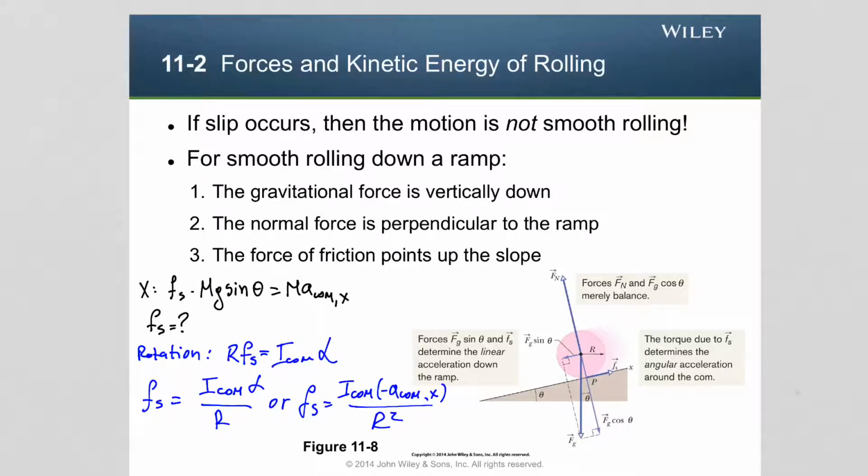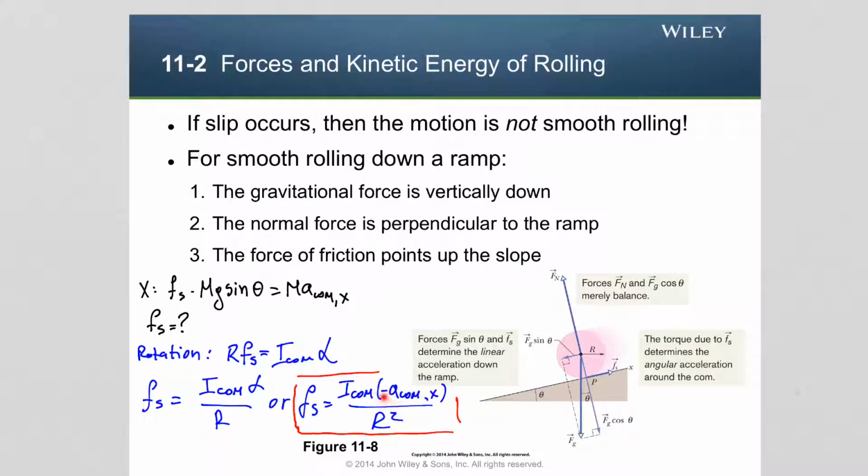Then substituting the angular acceleration alpha with its relationship to the acceleration of the center of mass through the radius, I finally get that the static friction is equal to the product of the moment of inertia of the center of mass I_cm times minus a_cm,x divided by r squared.